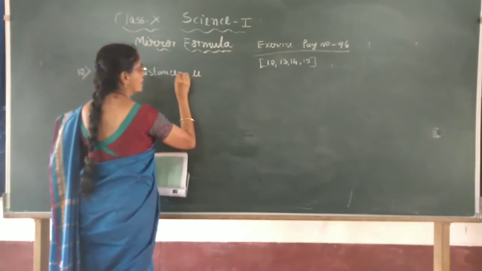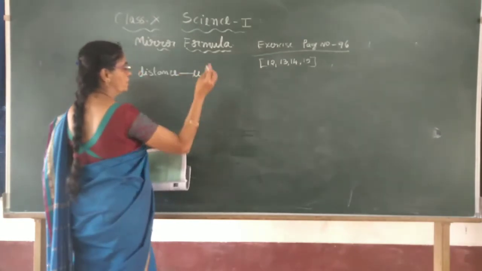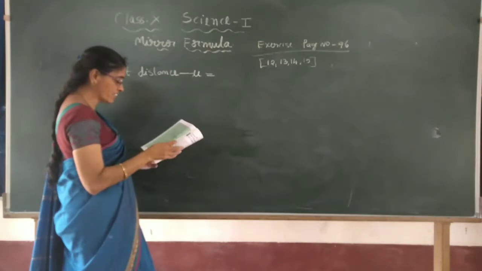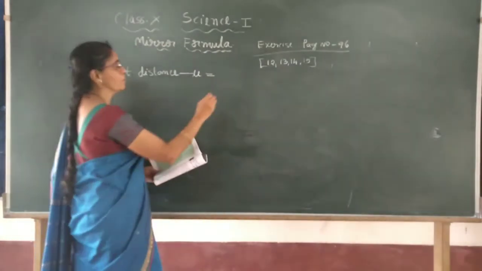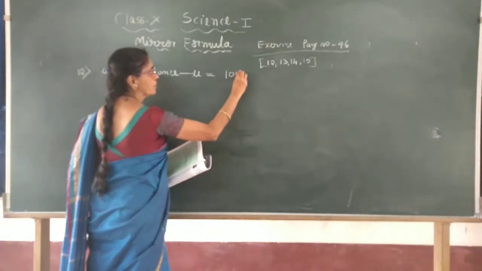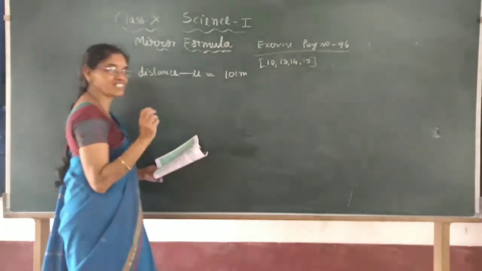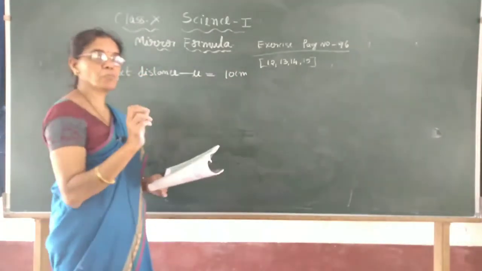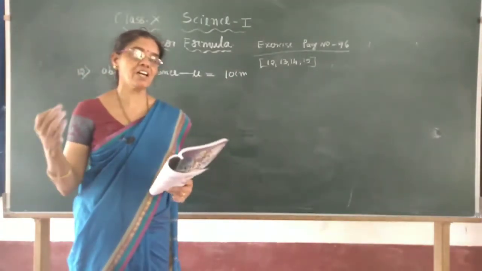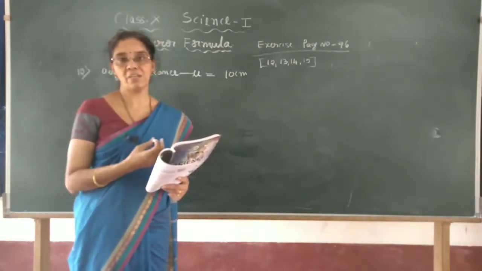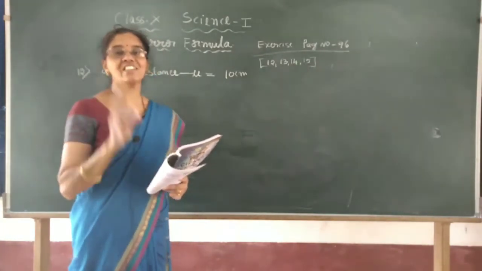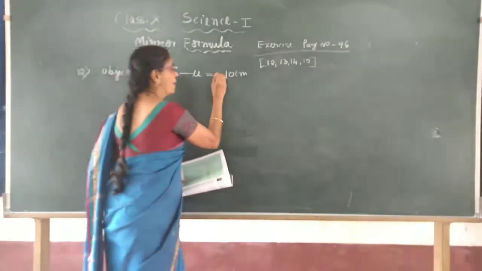It is equal to how much? An object is placed 10 centimeter. And as said yesterday, the object is always placed to our left side, facing the mirror, in front of the mirror, and it is always negative you have to take. So u is minus 10.